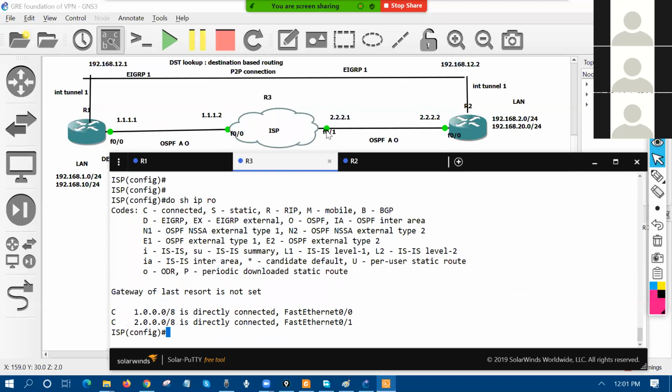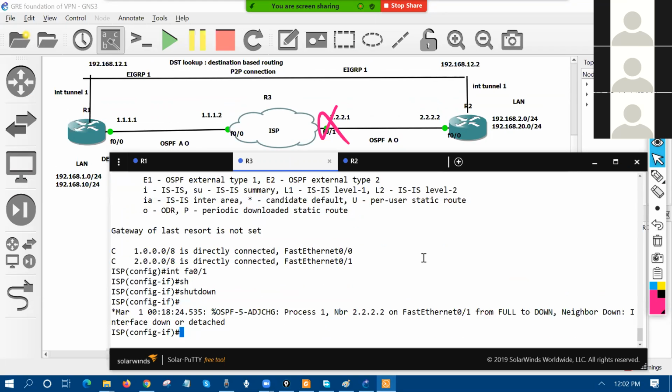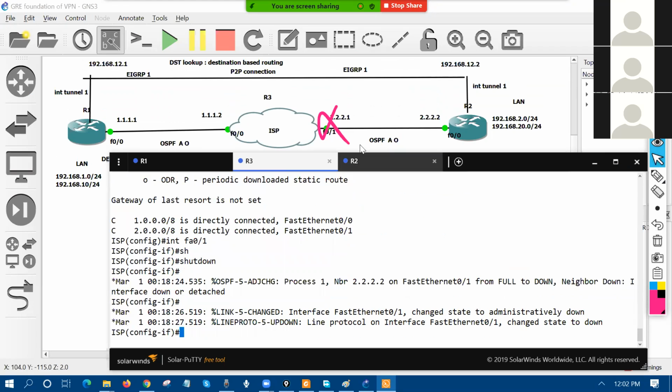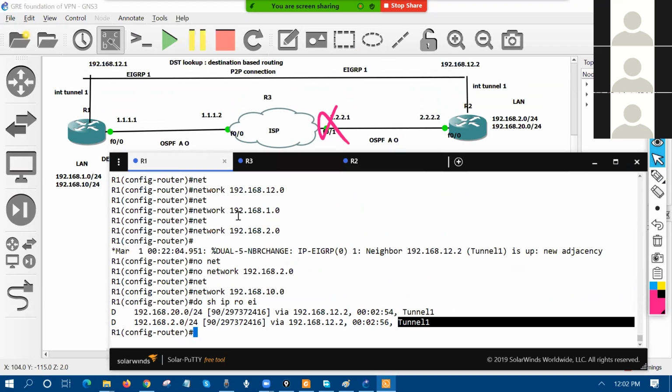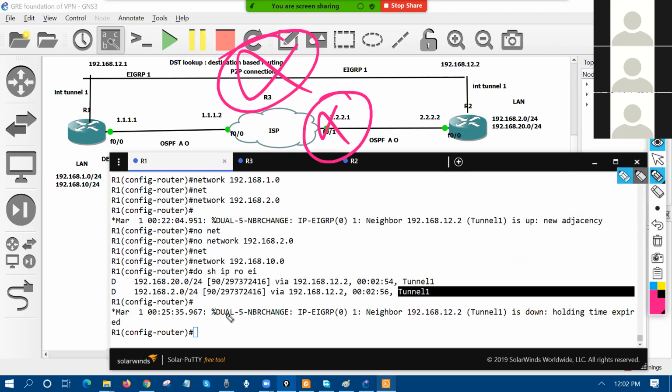If this interface goes down, wait for some time, this will also terminate. If this is going to terminate, this is also going to be terminated. Can you see my neighbor is down?